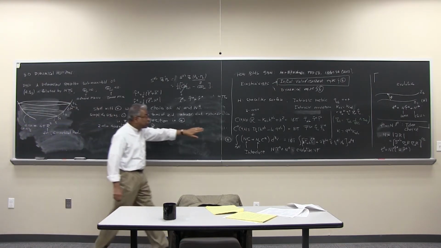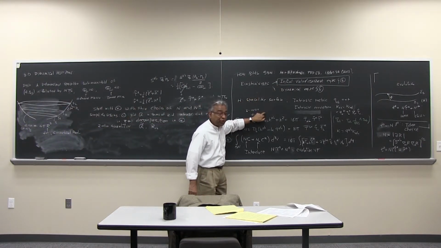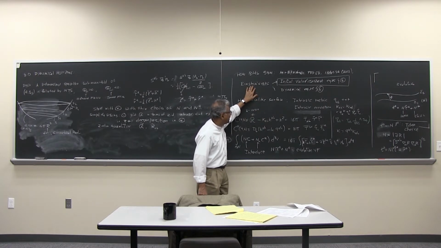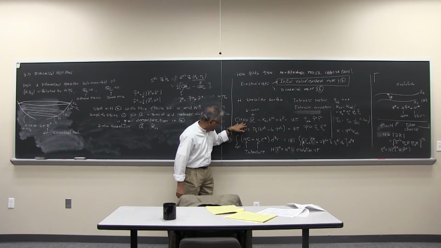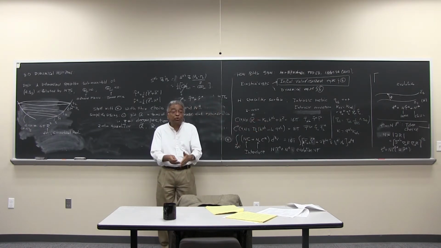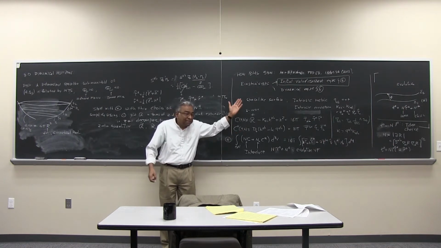So what we did here was to carry out a 3+1 decomposition of Einstein's equation. That's what we did up here. And now we're looking at these constraint equations, the extrinsic curvature and the scalar curvature, and carrying out a 2+1 decomposition. It's the same mathematical steps.